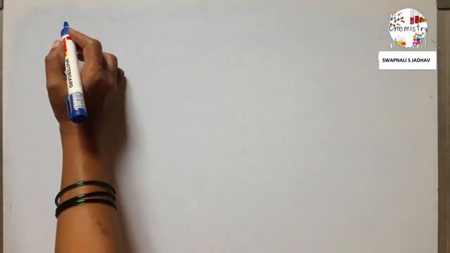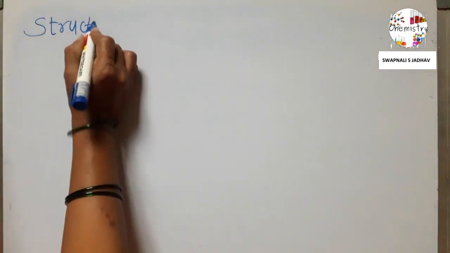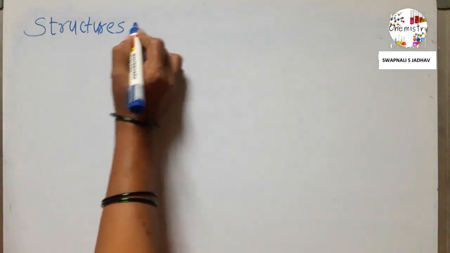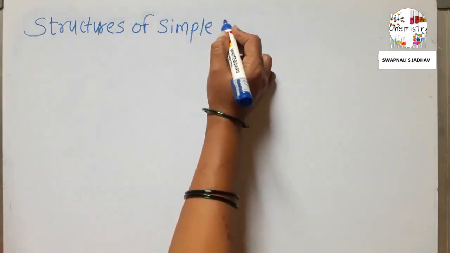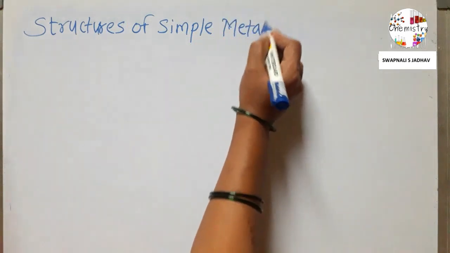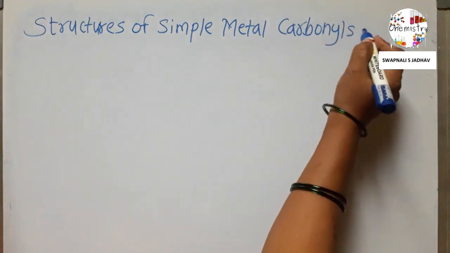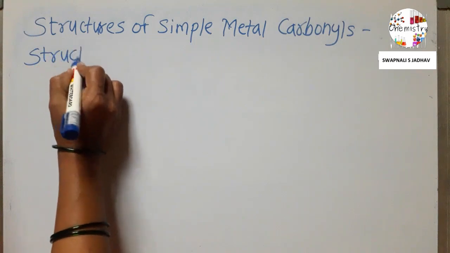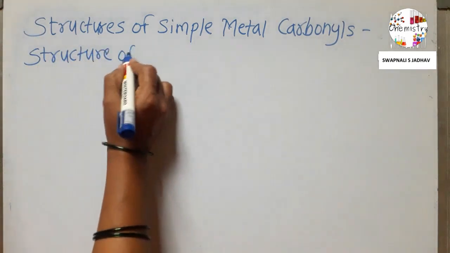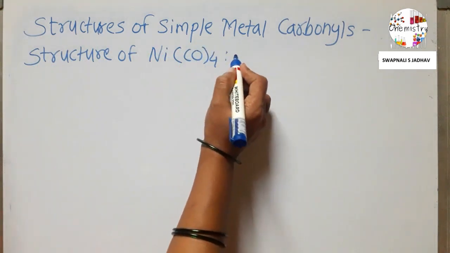And now we start the structure of simple metal carbonyls. From that we see first the structure of NiCO4.